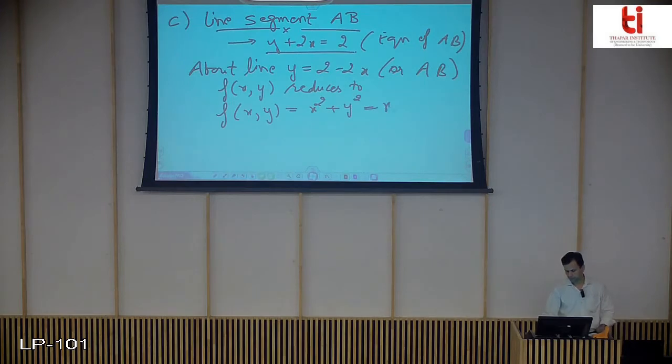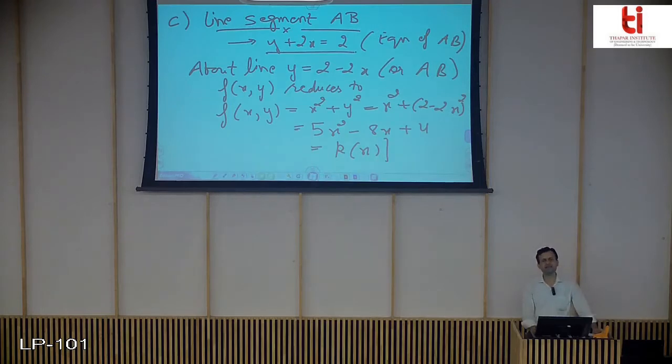You put y equals 2 minus 2x whole square, and solving this you will get 5x square minus 8x plus 4, say k(x), again a function of x. This means that about this line AB, the surface above this line appears like a quadratic curve, 5x square minus 8x plus 4.